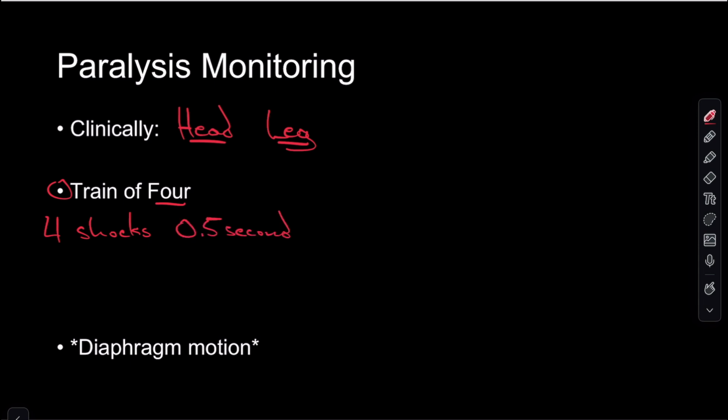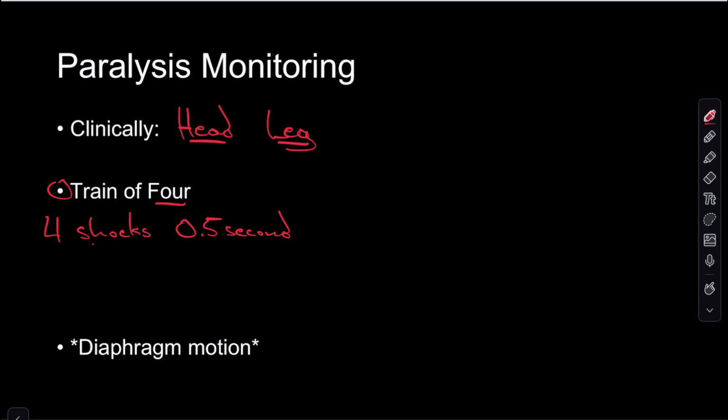And then either qualitatively, you can feel to see how many of those shocks elicit a muscle spasm in response, or there's quantitative monitors which measure the shocks and can return a numerical value that gives you information on how paralyzed the patient is.